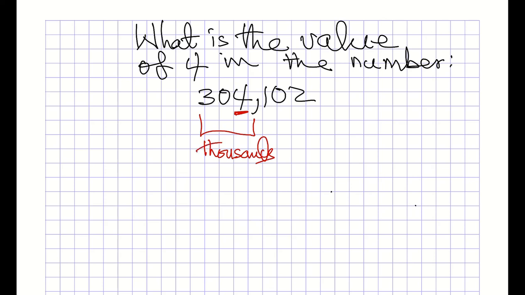But under 1,000, 4 is located in the ones position, right? So there are 4 1,000s, right? So that's the position of 4 right there. 4 represents 4,000.